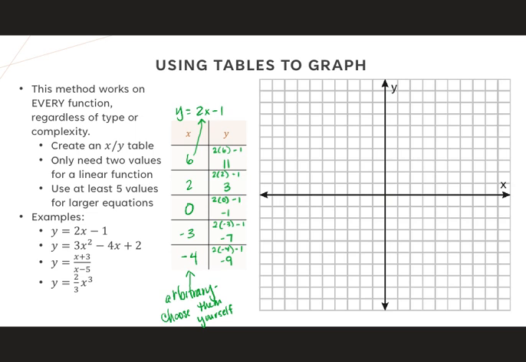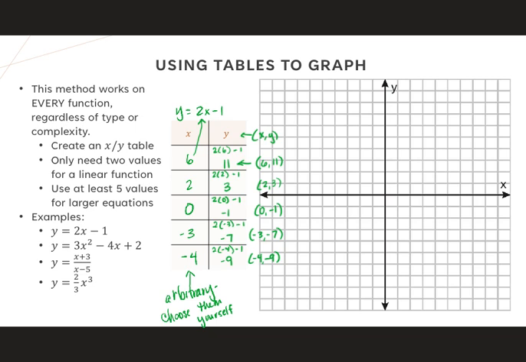It doesn't really help me a lot, except that it does. This 6, 11 becomes a coordinate pair. Coordinate pairs are x comma y. So 6, 11 is on that graph. 2, 3 is on that graph. 0, -1, -3, -7, and -4, -9.